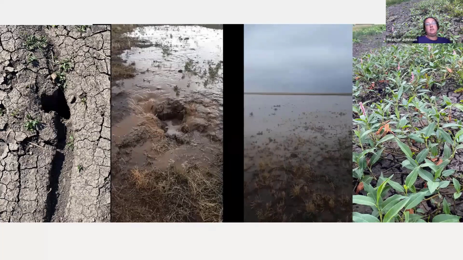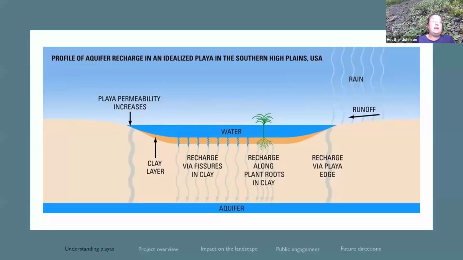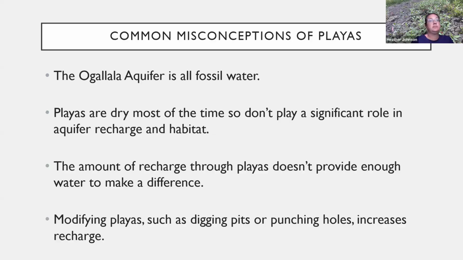Then vegetation starts growing in that moist soil. Here's just a schematic of how playas work. It rains, fills the playa, and you get recharge and infiltration, and transpiration and evaporation occur as well.